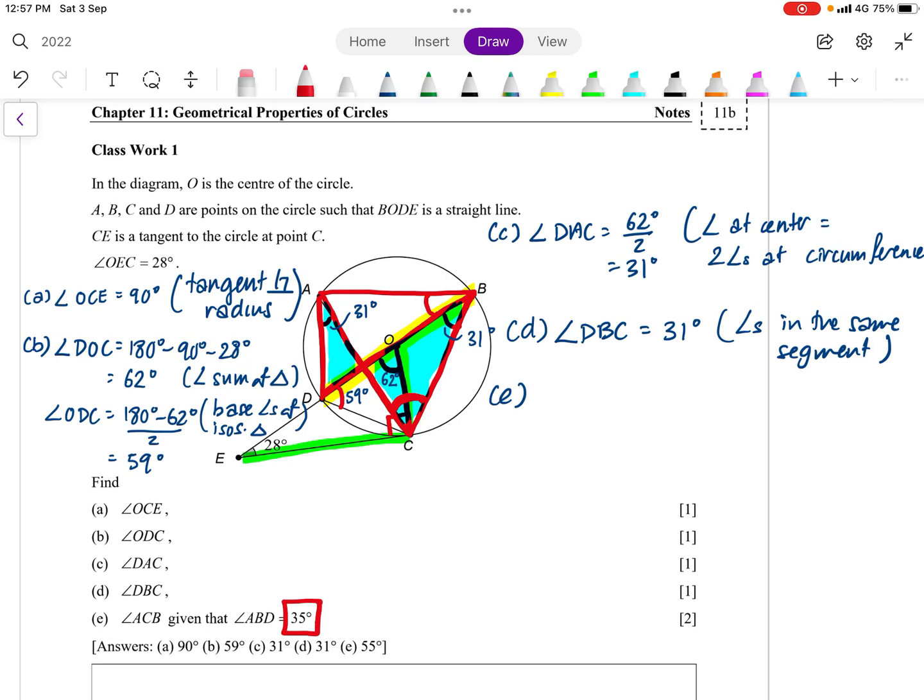ABD is 35. How will this help you? This is 35. What can you see? I see another butterfly. Can you see the other butterfly? What if I highlight this for you?